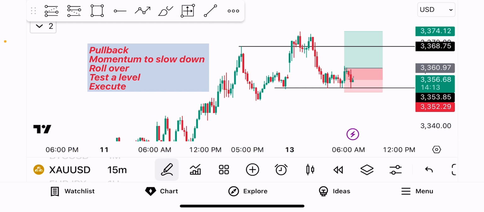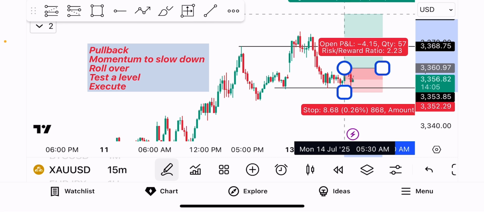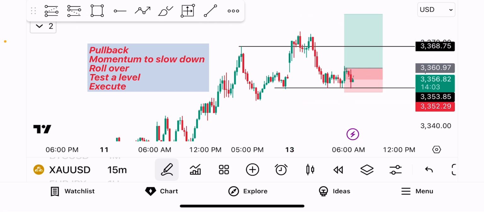So as the price is now ready to go bullish, that is when I will now execute, and my take profit will be slightly above the recent high. So this is what the market will look like. All right, so that is just how to identify a trend and how to approach the trend.